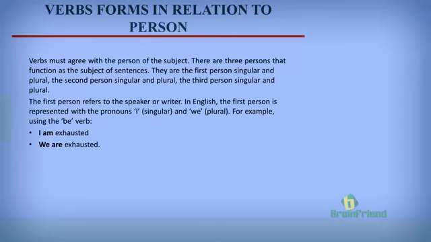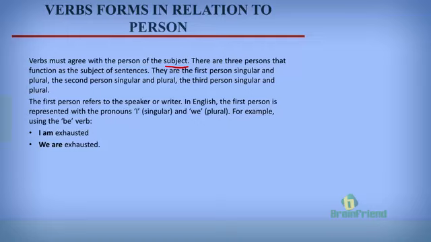But now let's look at how a verb should agree with the person you are referring to in your sentence. Verbs must agree with the person of the subject. That's what we mean when we say person. The subject of the sentence is the person performing the action in the sentence. There are three persons that function as the subject of sentences: the first person, the second person, and the third person.